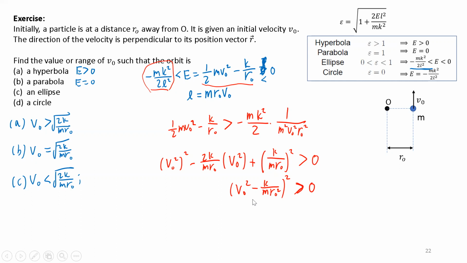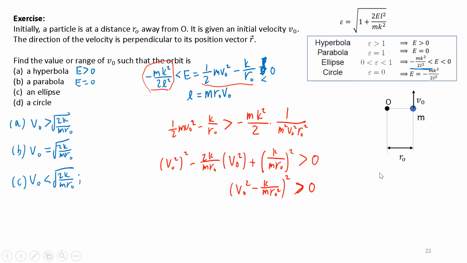So V0 has to satisfy this inequality here, in addition to this one that I have already written down. So what is the requirement then? You can see that this is a square outside, so as long as I have this whole thing to be non-zero, then I can satisfy this equation here.